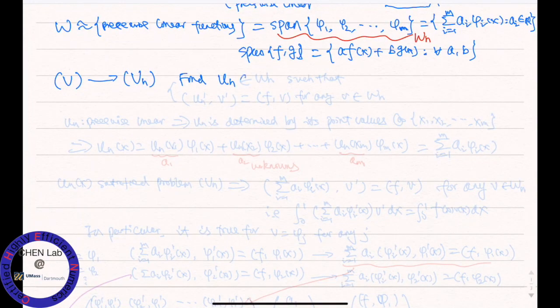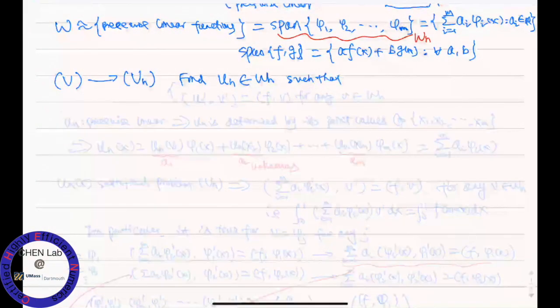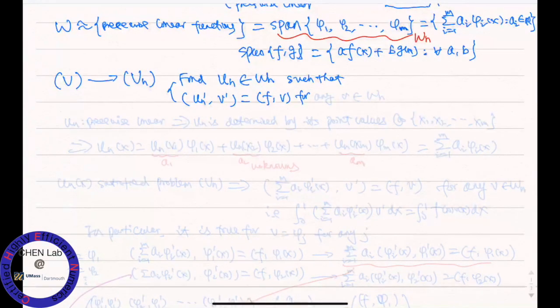We find U_H in the space W_H such that the integral of U_H prime V prime is equal to F V for any V in the space W_H. We call this problem V sub H. It's the discretized V.